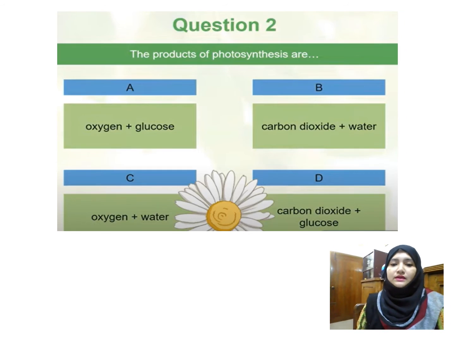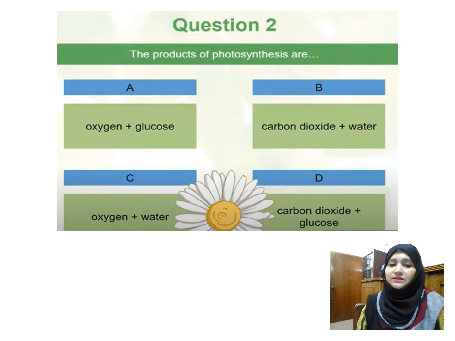Okay, now question number 2. The products of photosynthesis are: which one is the product? That means the right side ingredients. A is oxygen plus glucose, B is carbon dioxide plus glucose, C oxygen plus water, and D carbon dioxide plus glucose.